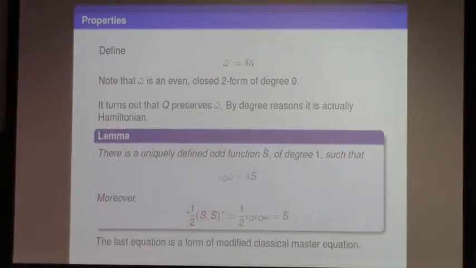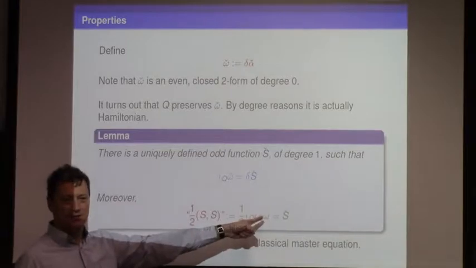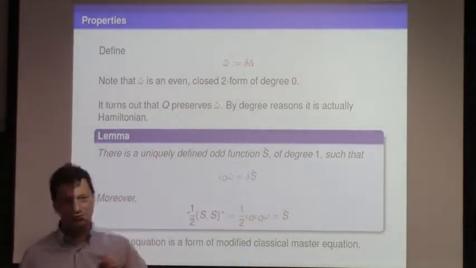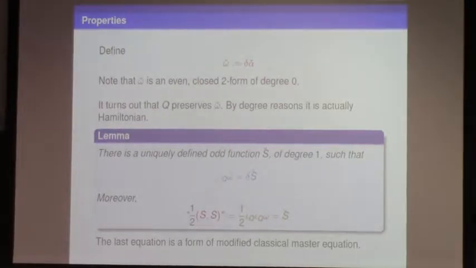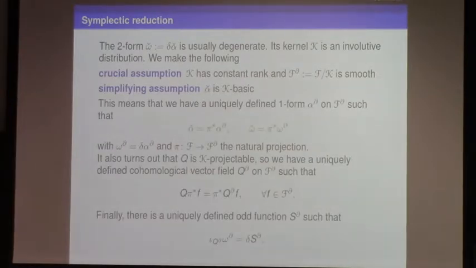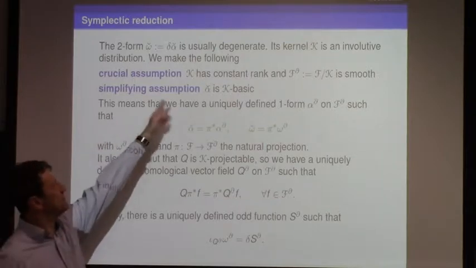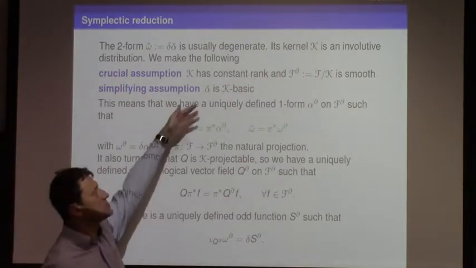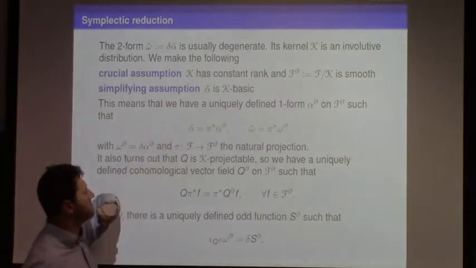Okay, and then with this addition, there is an equation that says that if you apply Q twice to the original odd one form, you get this function. So somehow this equation tells you how the classical master equation is violated. And then the point is that it's nice to work with non-degenerate two forms, so I'm going to the quotient. I assume that the quotient by the kernel of the two form is a smooth manifold, and I also assume for simplicity that the one form is also basic.